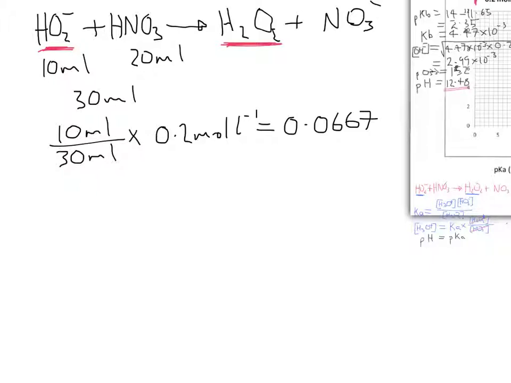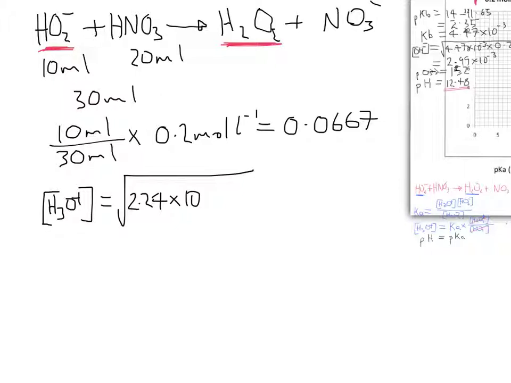It's a weak acid calculation, so we know that H3O plus is going to equal the square root of the Ka, which is 2.24 times 10 to the negative 12, times my new concentration here, 0.0667.